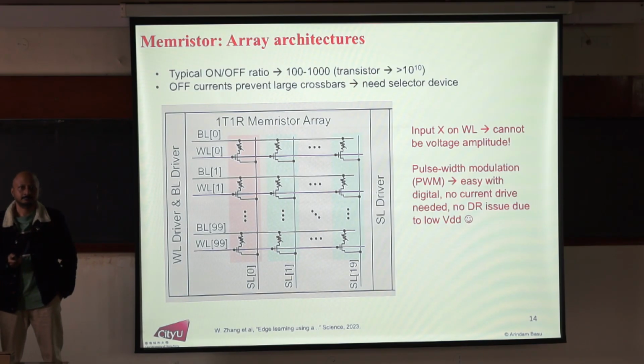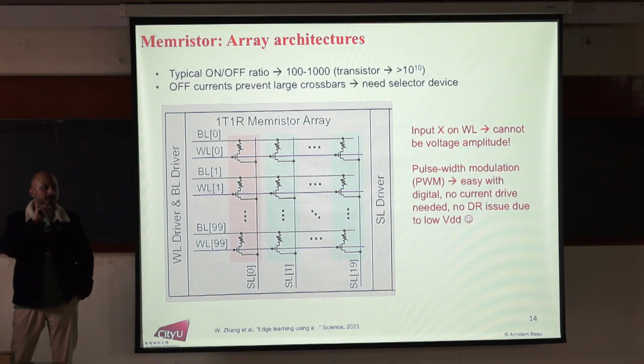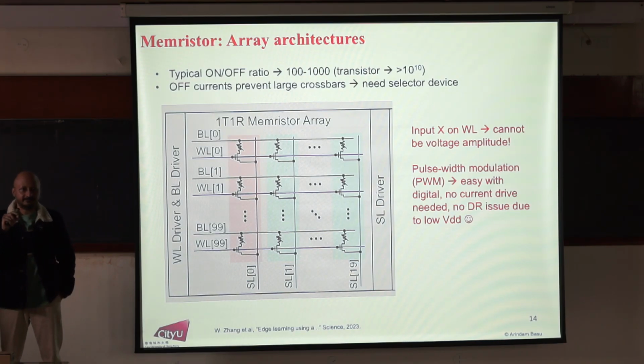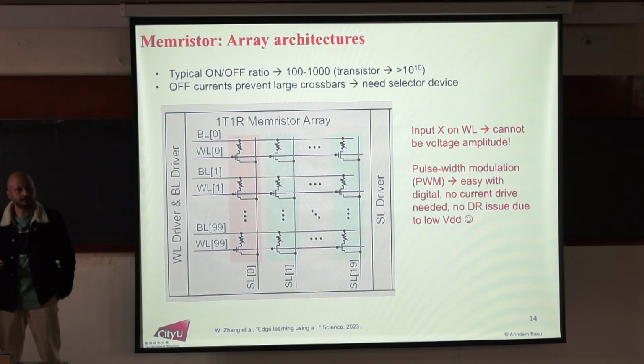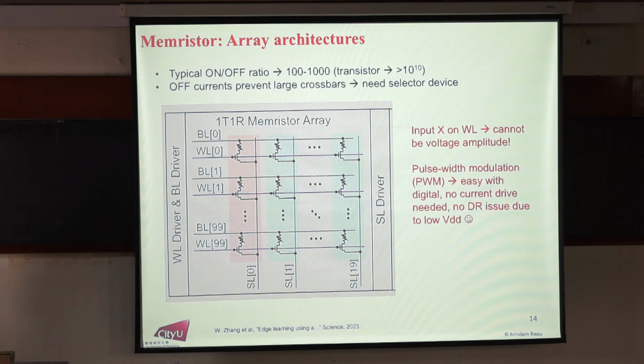If the on resistance of the transistor is much less than the range of resistances of your memristor, then you can think of that as a small perturbation to your original memristor conductance. It just lifts the baseline.